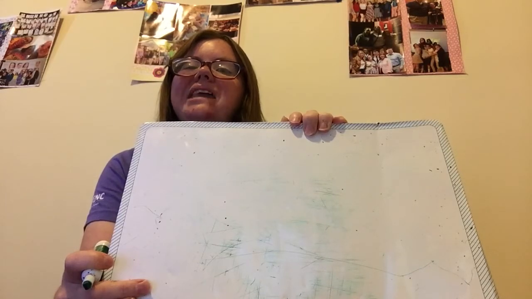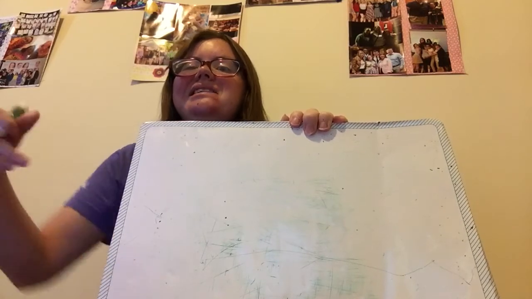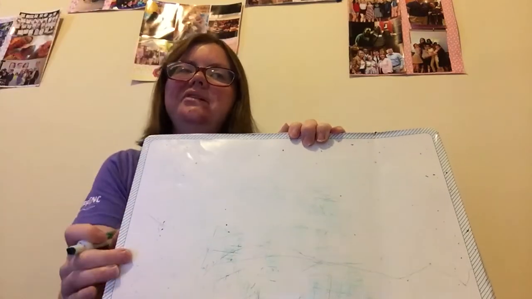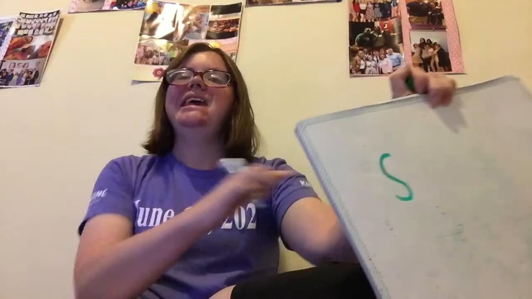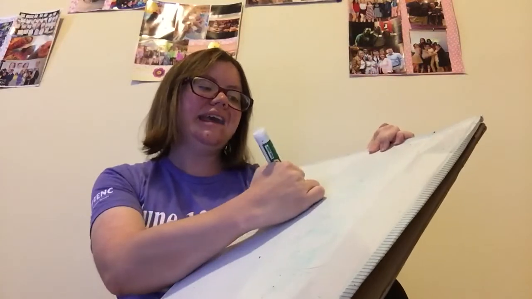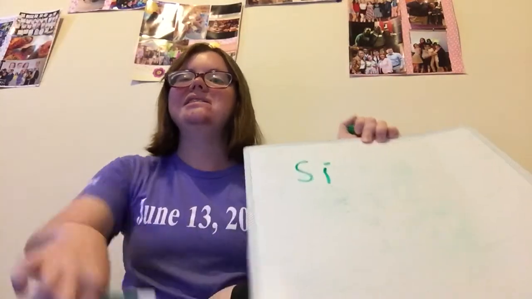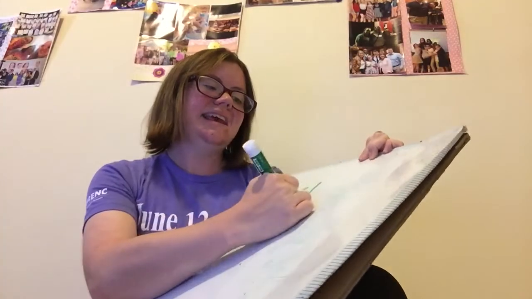Let's go over it together. Sit. I hear S first, and I know that's the letter S. I hear I, and that's in ink, the letter I. And I hear T, that's the letter T, like talking Tess.